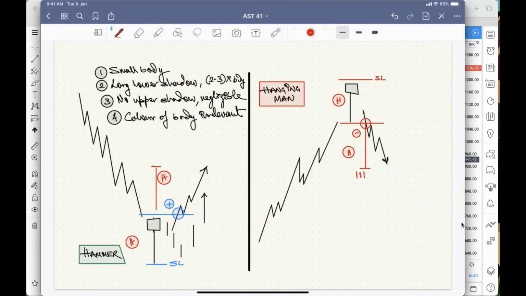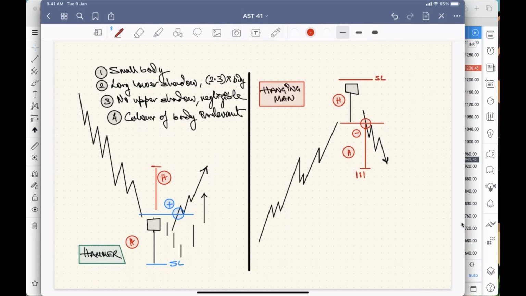Over here, only one day is suggesting a reversal. So I cannot expect that one day's reversal will lead to a 1 year rally. Please understand, when you trade candlesticks, use them as short term. Generally, most of the time you will find a 3 to 5 bar movement. That is, after the pattern, 2 to 3 bars, maybe 4 or 5 at max, will move in your favor.